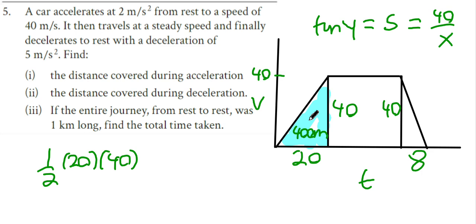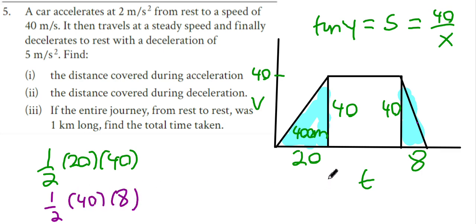Okay. Next thing. I need the distance covered during deceleration. How do I get this distance here during deceleration? A half of 40 by 8. What do we think that is? 160.